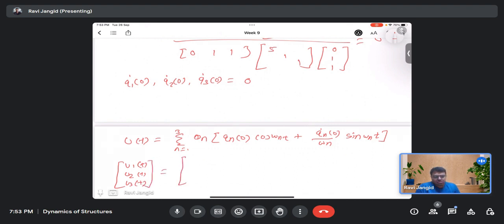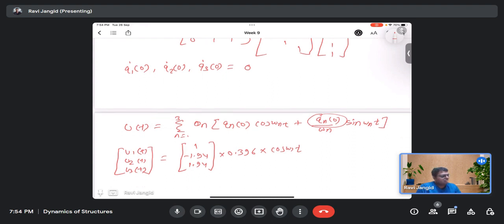The phi 1 is 1, -1.94, 1.94, times q1(0), which is 0.396, times cos omega 1 t, and the sine term would be 0 because the initial velocity is 0.